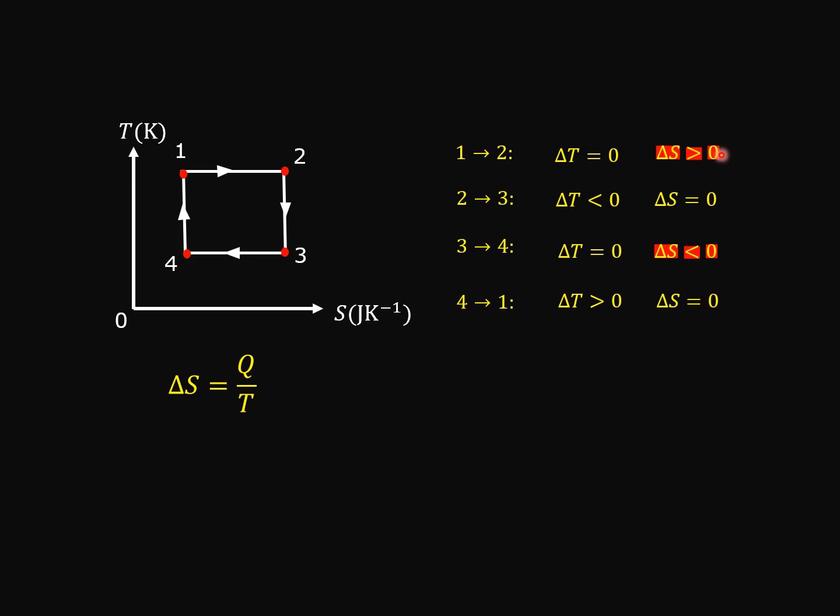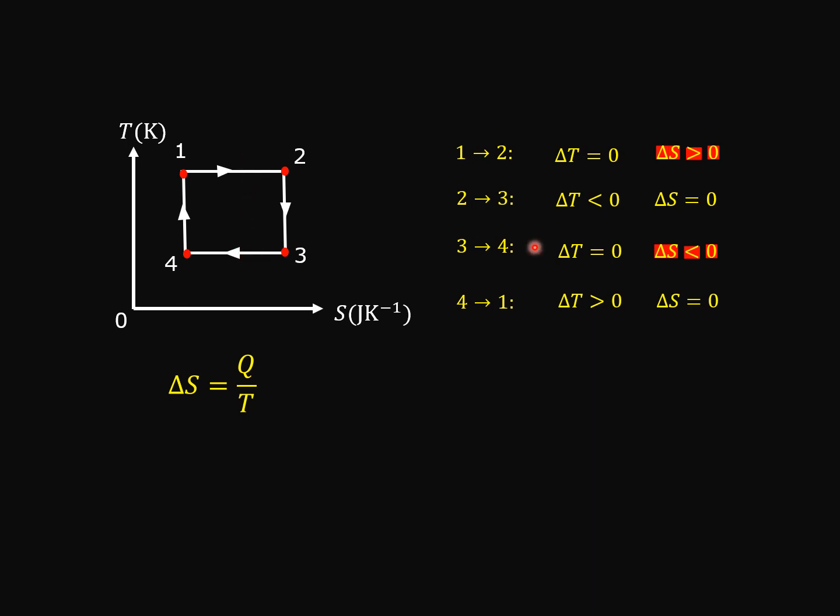But the magnitude of these 2 delta S is the same. Therefore, when we add up these 2, the total entropy change for the complete cycle should be equal to 0. That is why we know that these 2 lines, when we sketch them, must have equal length, although they point in opposite directions.